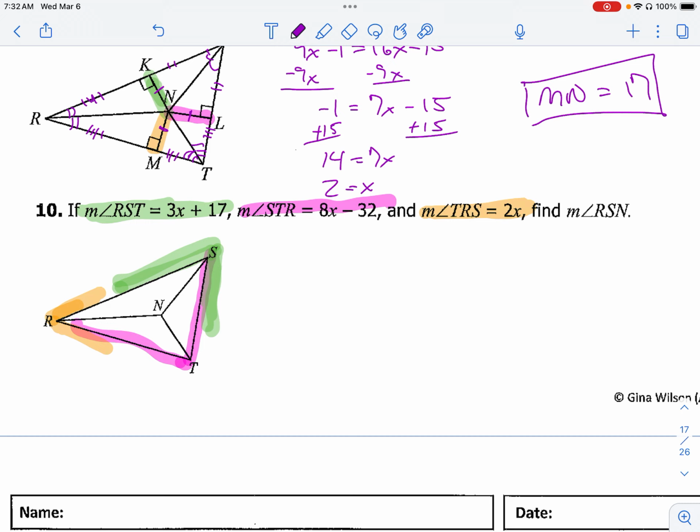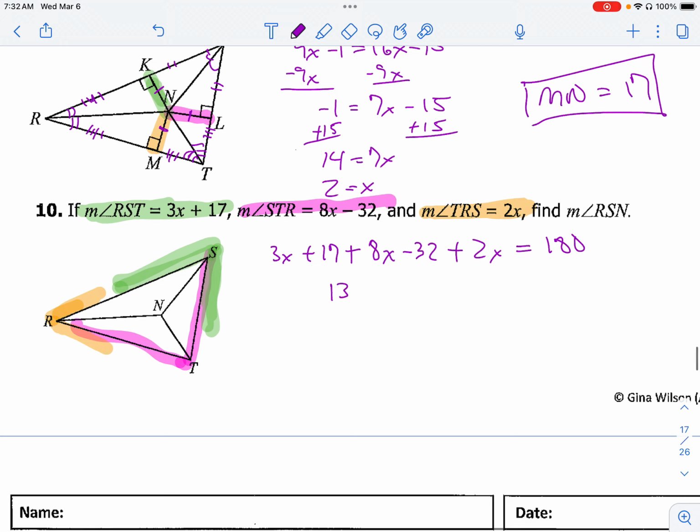So what do we have? We have all three angles of the big triangle. And we know that all the angles of a triangle equal 180 degrees. So we get 3x plus 17 plus 8x minus 32 plus 2x equals 180. So we're going to combine like terms.